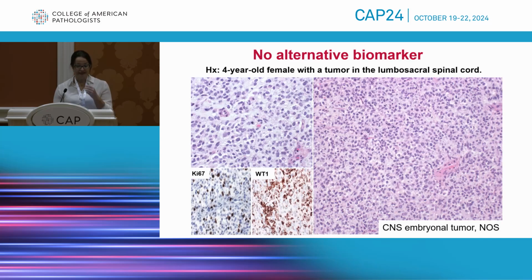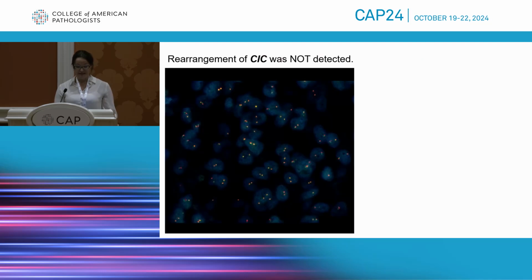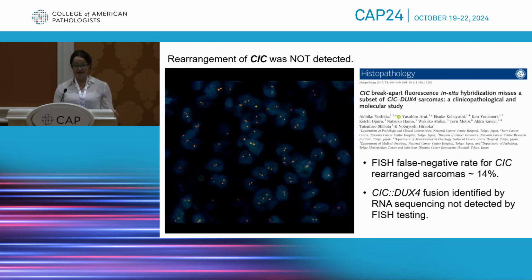And there are tumors in which sometimes you have the test for, but the tests don't work so well. So this was a high-grade neoplasm in the brain that, based on the histology and the expression of WT1, you're thinking already, could that be a CIC? But the FISH was negative, which is not uncommon because there are some CIC fusions that are not detected by FISH. And we weren't able to obtain RNA to do RNA sequencing in this case.